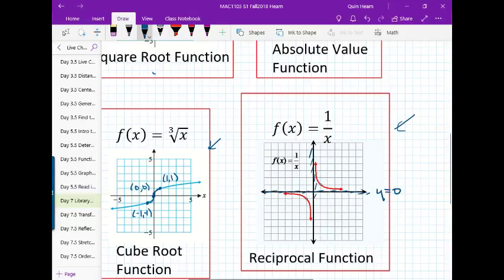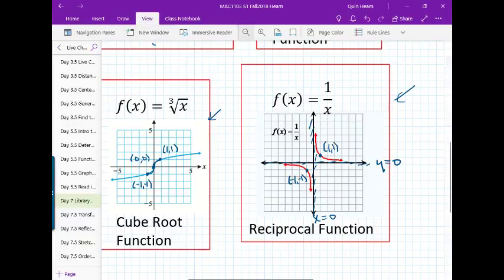And then it has a vertical asymptote at x equals 0 because 1 divided by 0 is undefined, so this graph doesn't actually cross the y-axis, x equals 0. So you need to memorize those two asymptotes and their equations, and then the key points for this graph are just going to be (1, 1) and (-1, -1). And then you just follow along the asymptotes to get the graph.